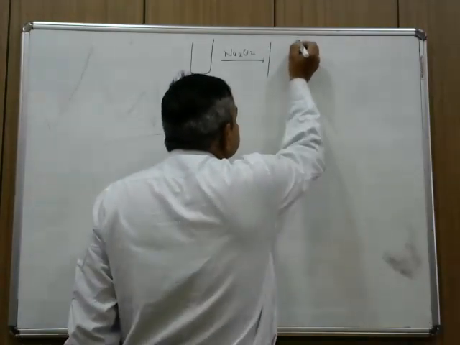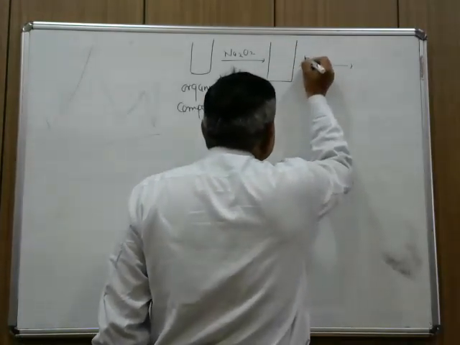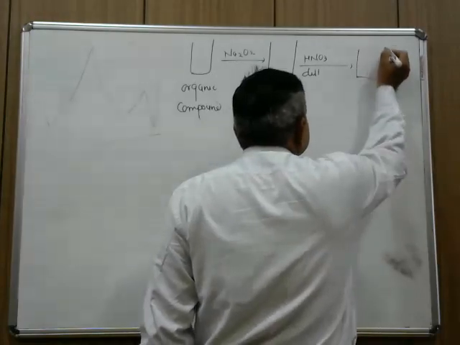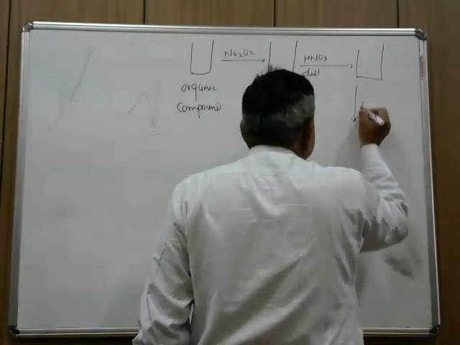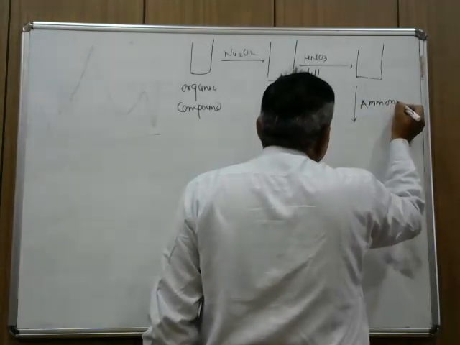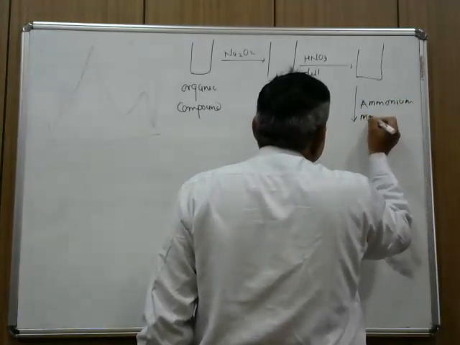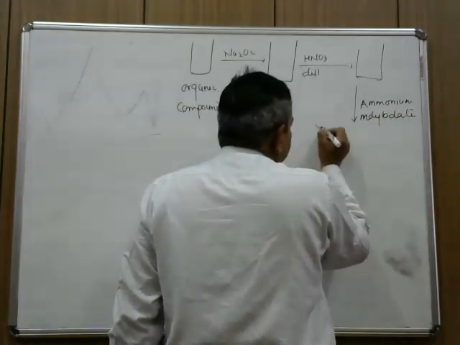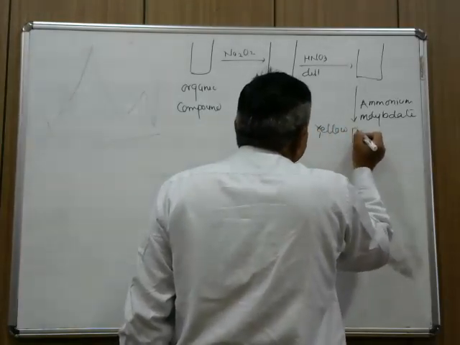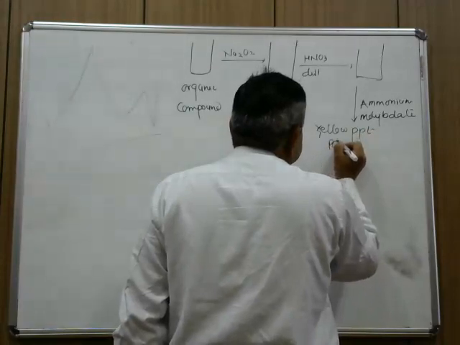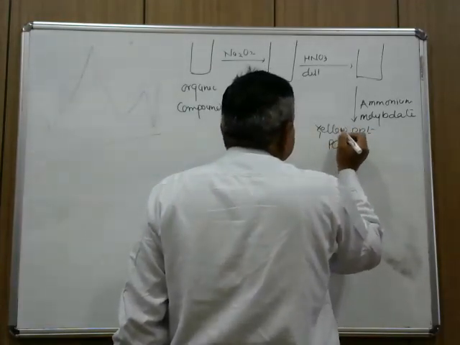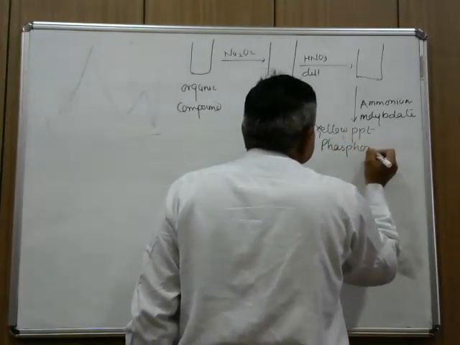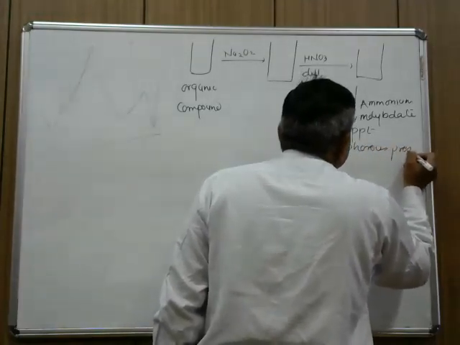Then it is boiled with dilute nitric acid, HNO3, and ammonium molybdate is added. Formation of a yellow precipitate confirms the presence of phosphorus.